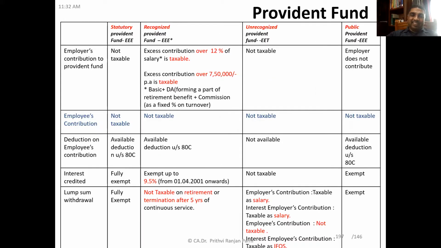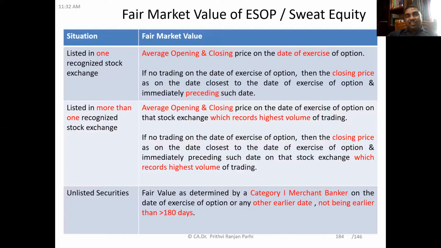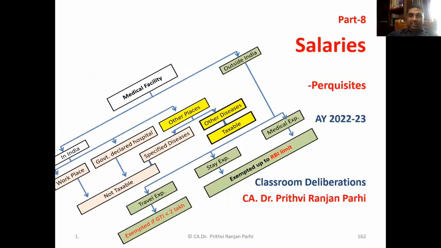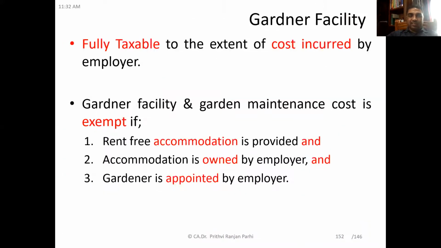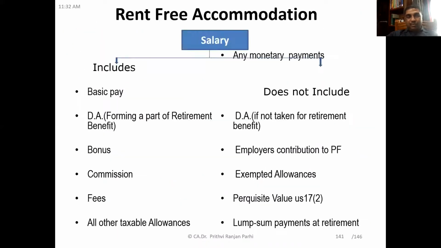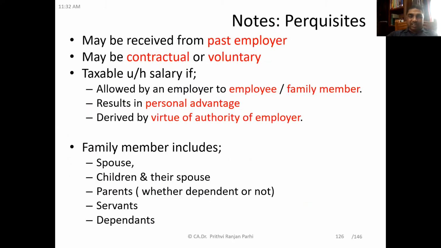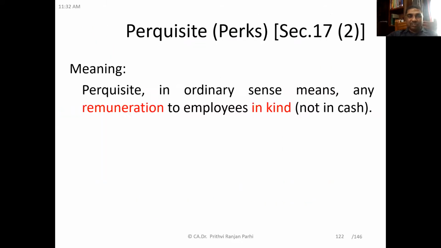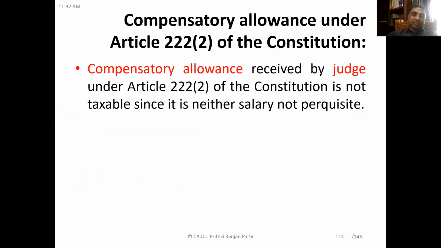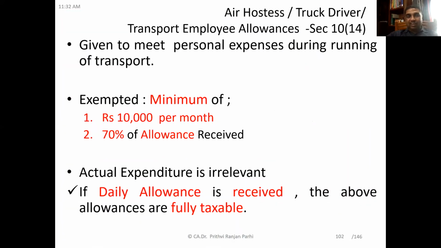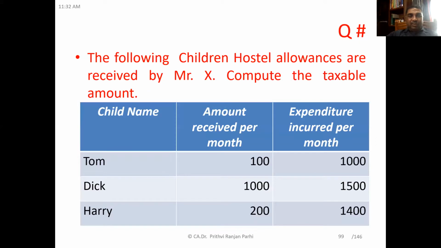Sir, I thought I was studying, so I thought it is there. Children education allowance has been taught to you. Sir, there is a column like all other exemptions to be added after NPS. That is what I'm asking. Wait a minute. Try to first understand how children education allowance will be treated. So you know, children education allowance and hostel allowance we have learned earlier.